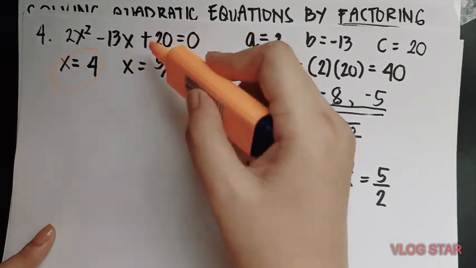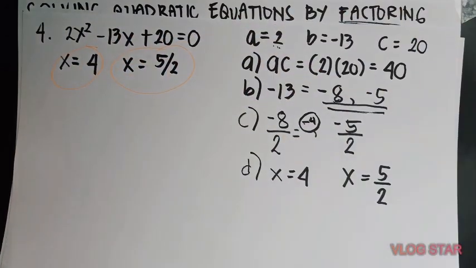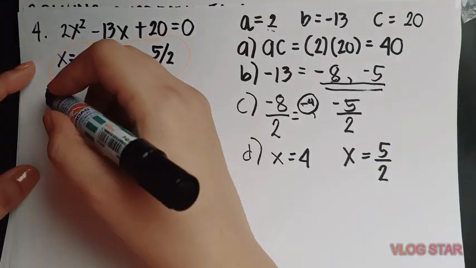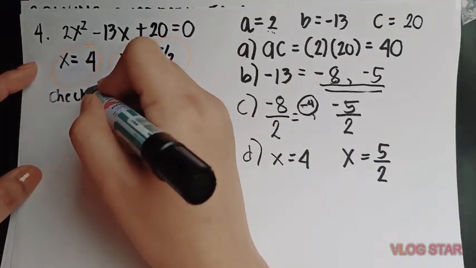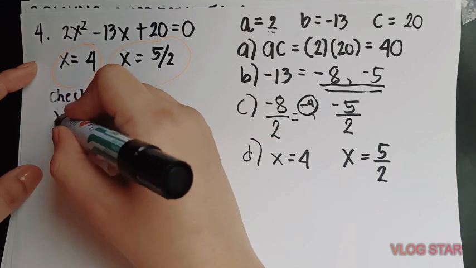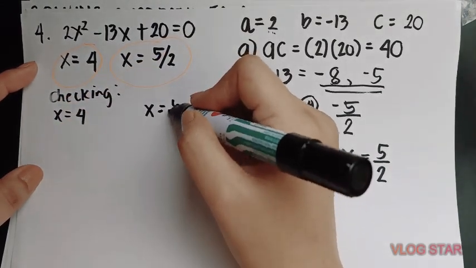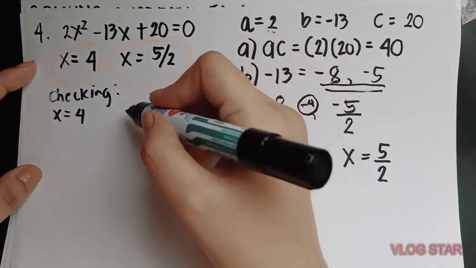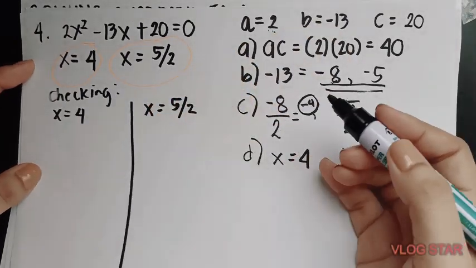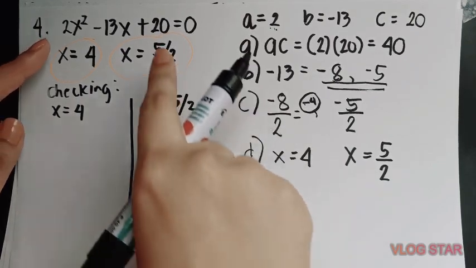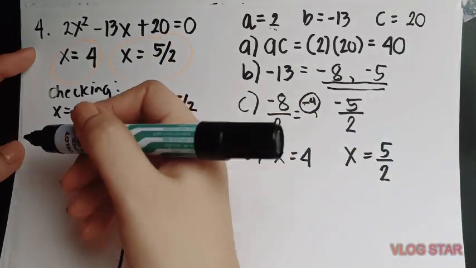So let's proceed to checking. Let's check our answer if this is correct. So let us check if x equals 4 and 5 halves are the solutions to the equation. So again, let's have the original given.